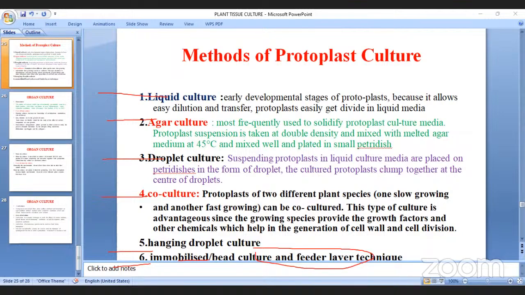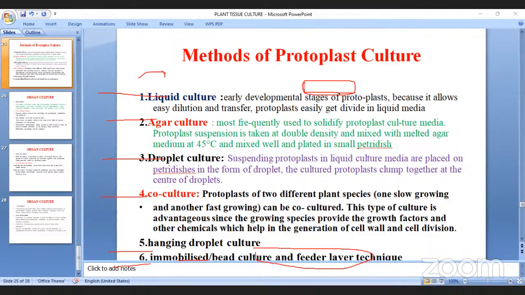First, let's see the liquid method. The liquid culture, we can use for the early development stage of protoplast. After separating the protoplast and inoculating into the agar medium, just 2 to 3 weeks in the early stage, transfer into the liquid media.